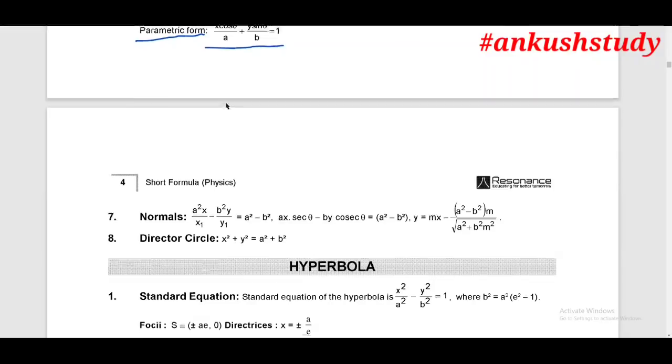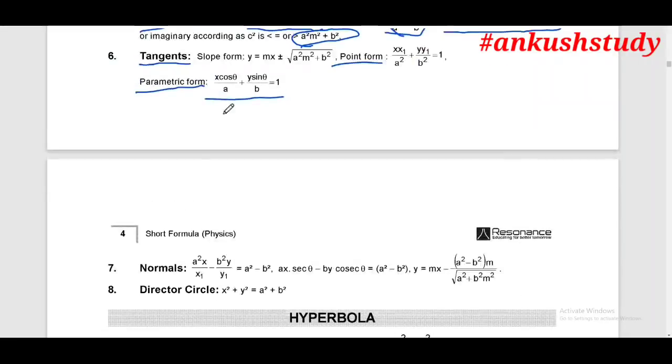And now the next formula is normals. A square x upon x1 minus b square y upon y1 is equal to a square minus b square.